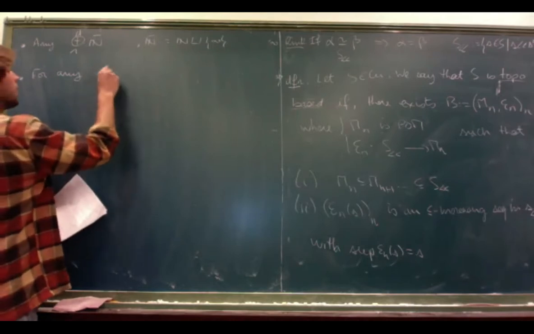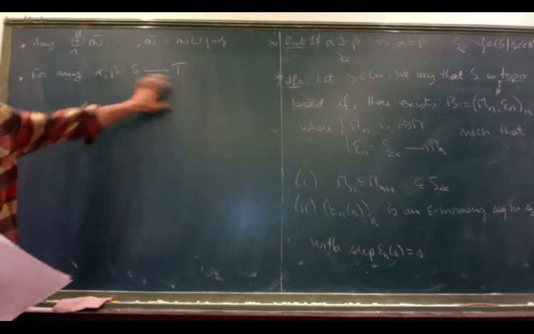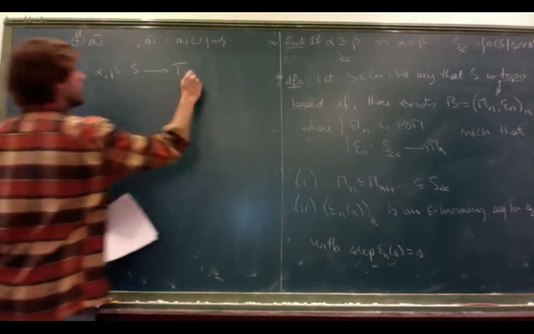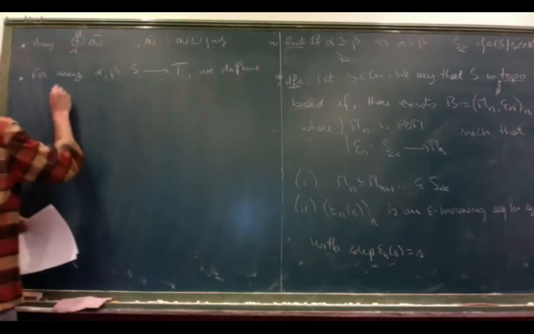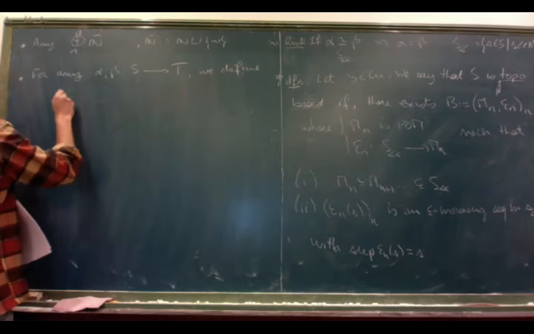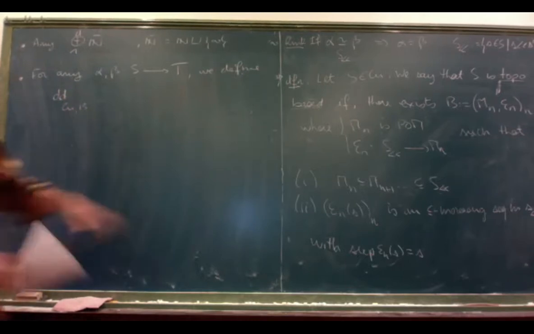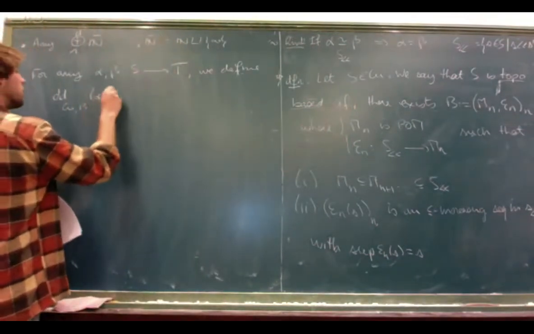So for any alpha, beta that are Kuntz morphisms from S to T, where S is topologically based, I can define a distance, which will depend on the basis of the topology.